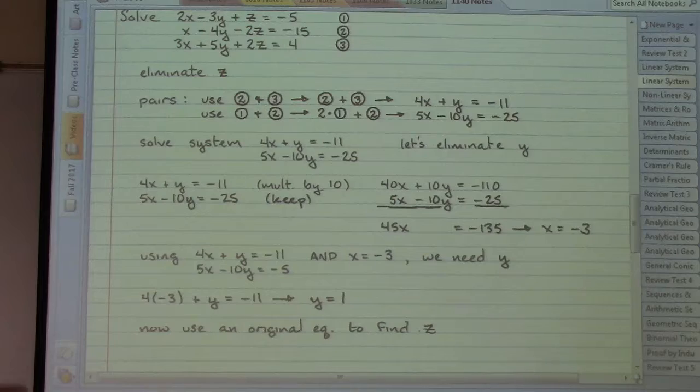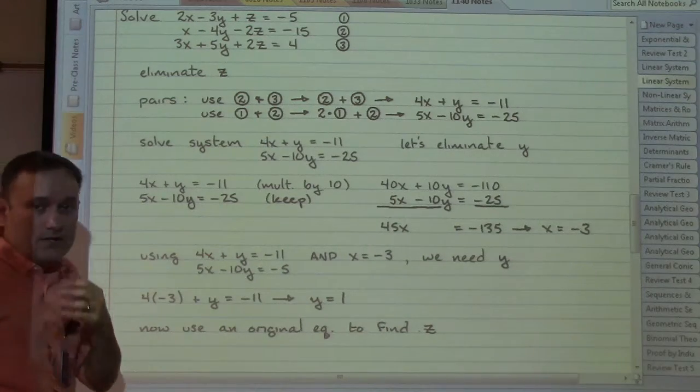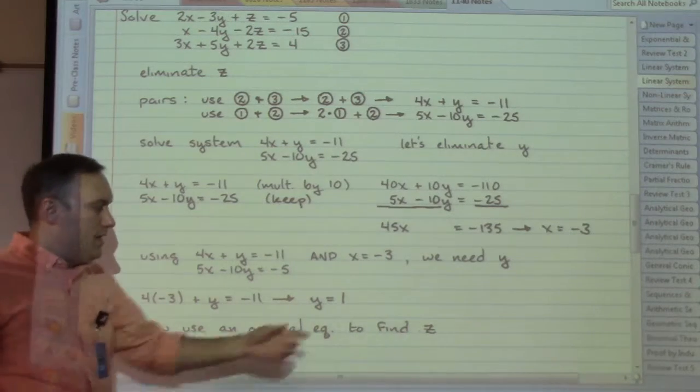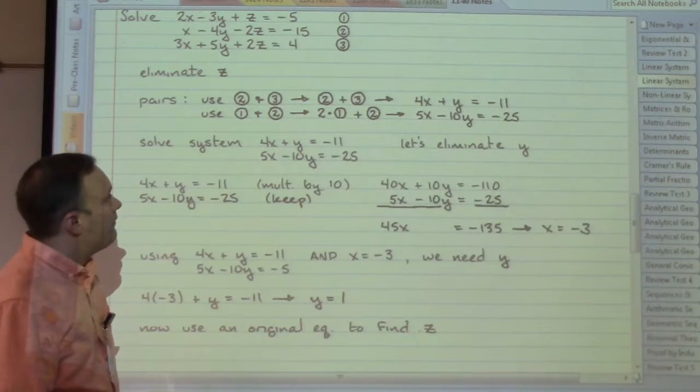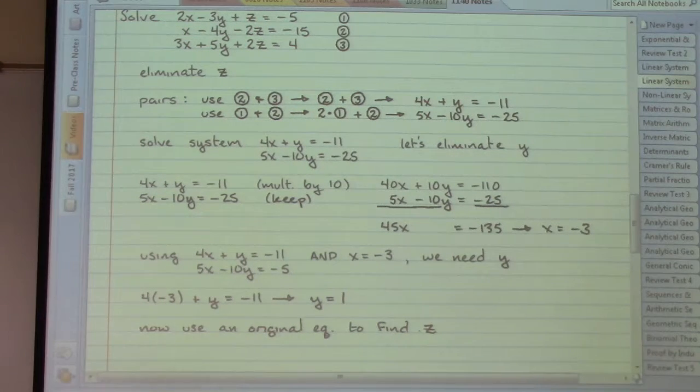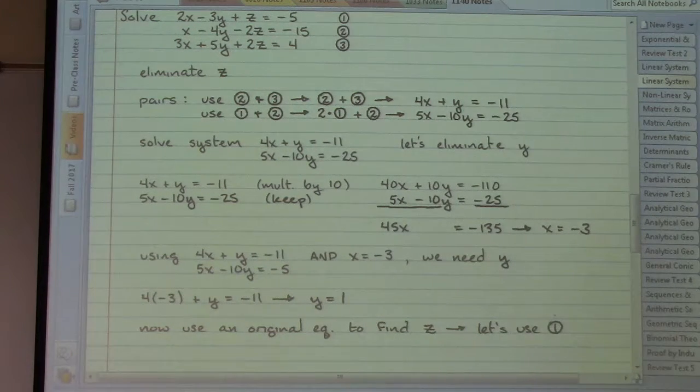Now, when we've got those three equations there at the top of the screen, is there any one of those three that might be a little bit more direct for us in order to figure out z? Well, the first equation literally has just a z in it, no extra number out in front for us to worry about. So in this particular case, let's say that we'll use that first one. So let's use number 1.